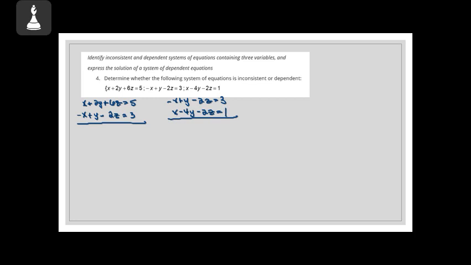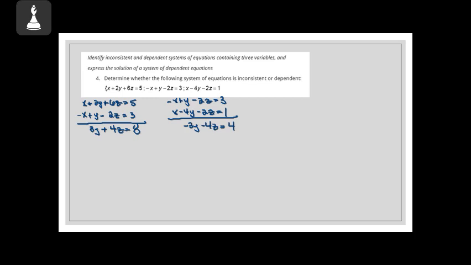So now if I add, I have 3y plus 4z equals 8. And then this one, -3y minus 4z equals 4.